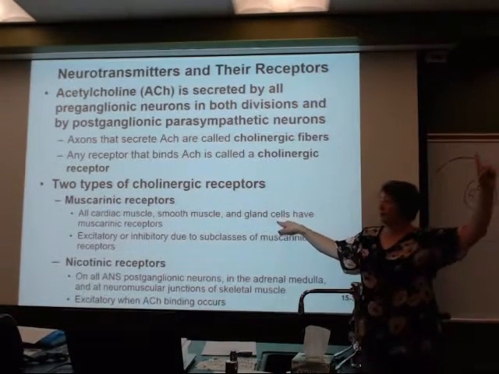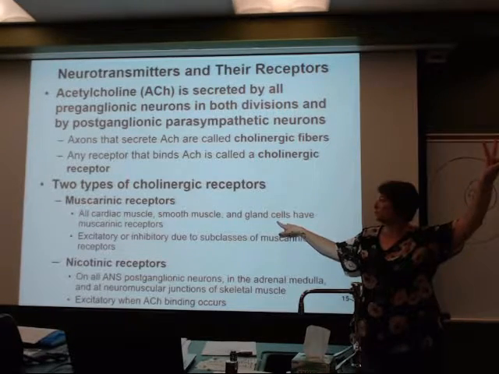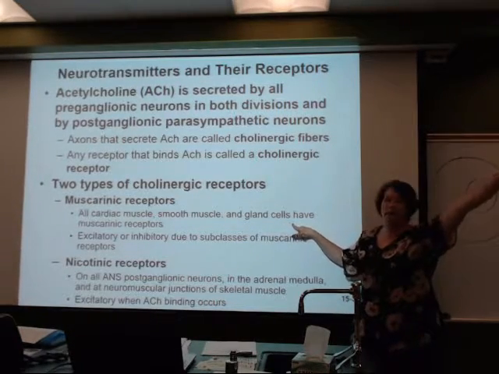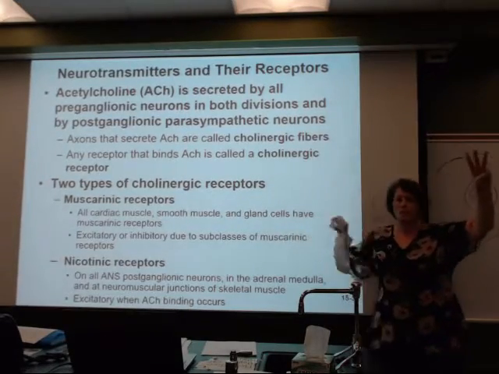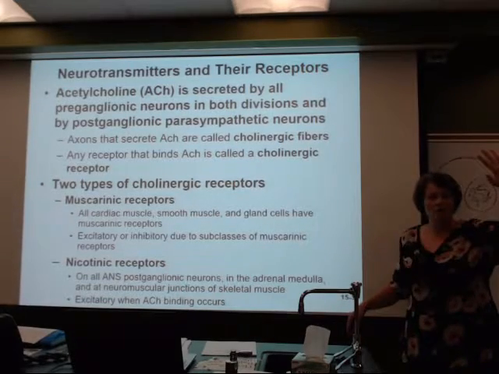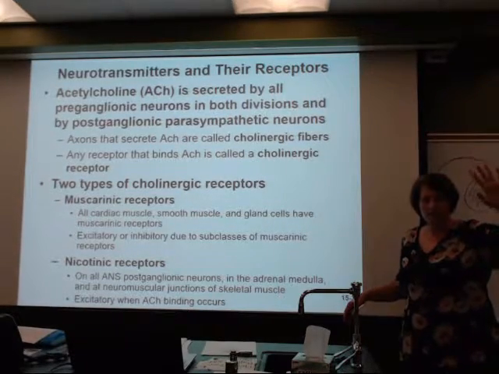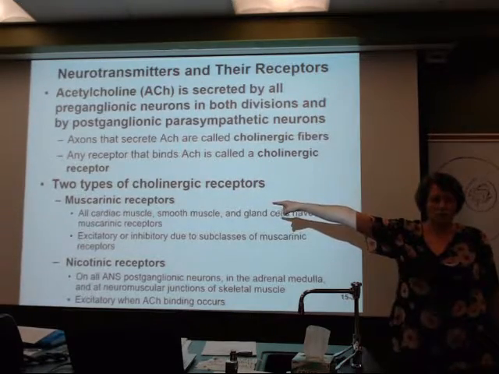For my cardiac muscle, smooth muscle, and glands. What did I just, oh, it's gone. Just to let you know that these areas have those receptors.